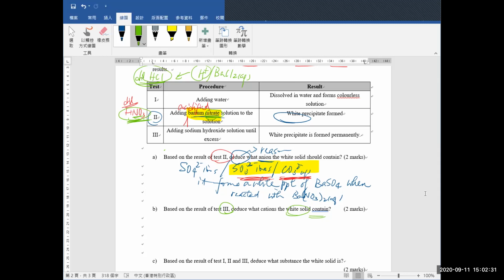Based on test 3, this is what cation the white solid contains. White precipitate is formed permanently.